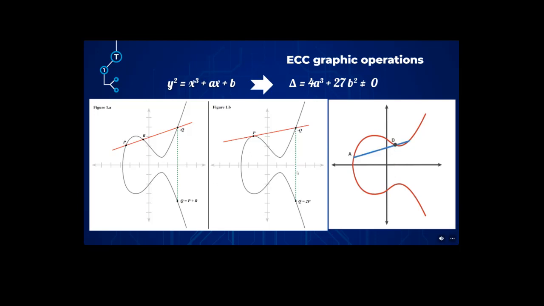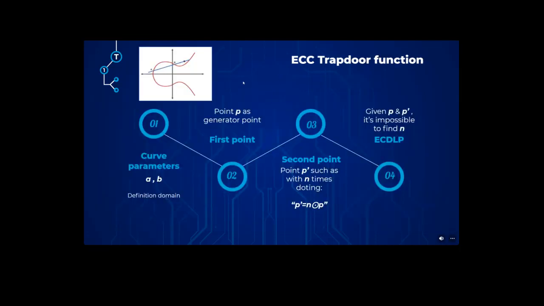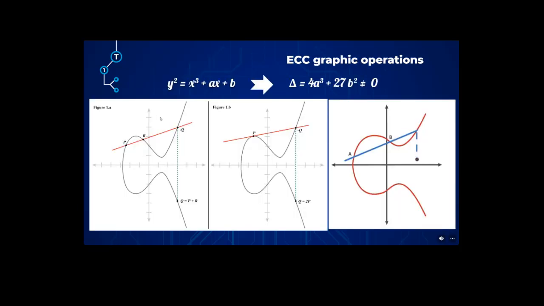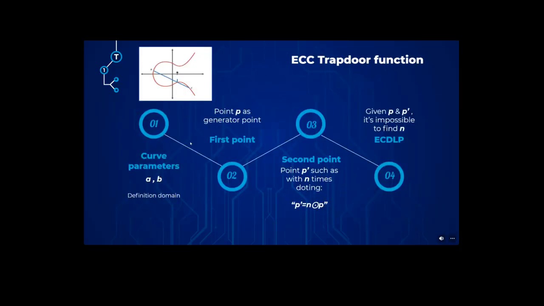So this section is very important to understand the next section, which is the trapdoor function. Here we have to choose the A and B parameters that we saw previously, and choose a starting point P. After that, we have to make as many doubling operations, and we will get a P prime.